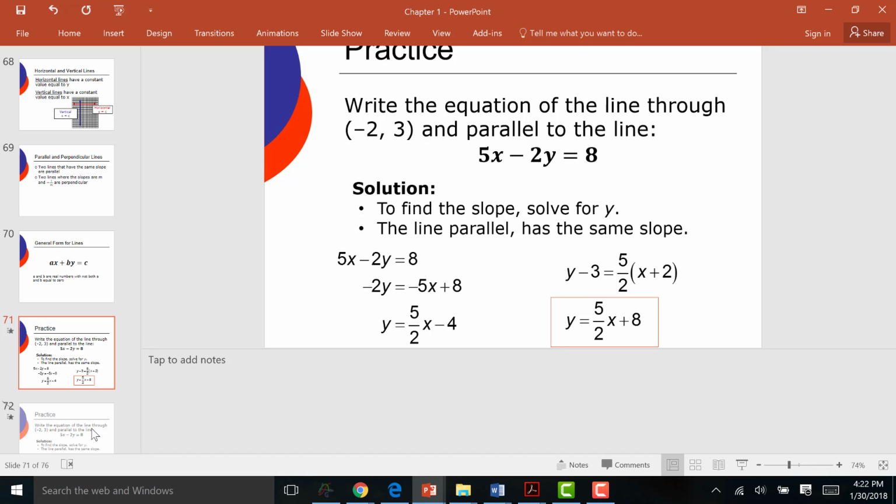Okay, well let's see what they gave us. Do you have a point? Yes. All right, what's the point? Negative 2, 3. Can we label it x1, y1? All righty, so I have what I need to go here and here. What else do I need to use that formula? The slope. So what else did they give me?